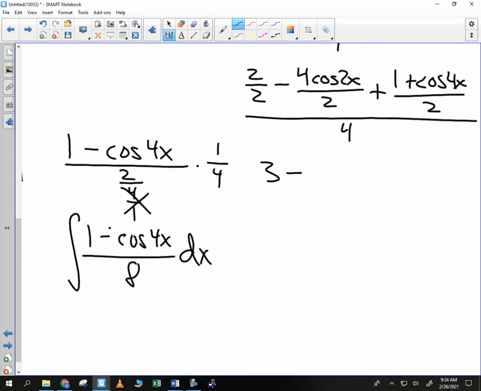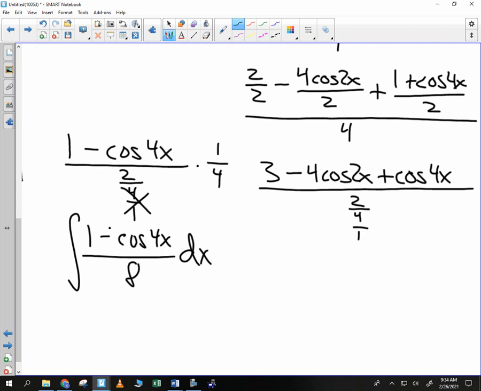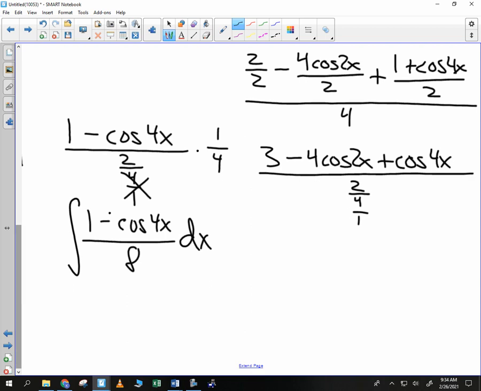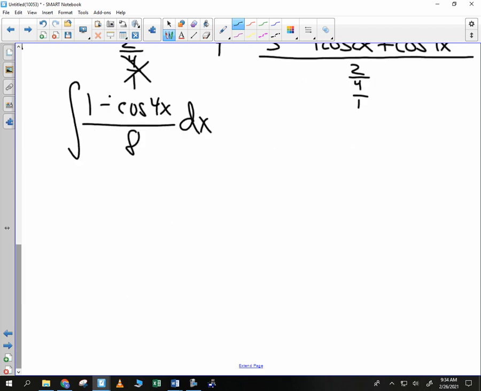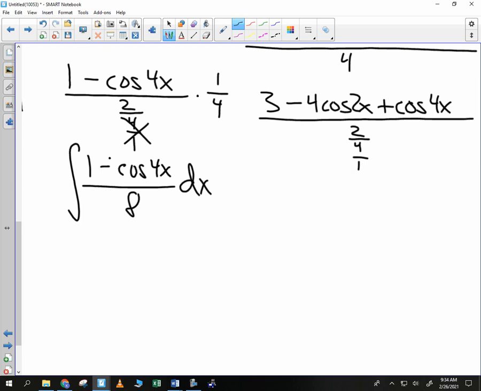So it's a minus 4 cosine of 2x and a plus cosine of 4x over 2 over 4 over 1. And so as I multiply by the reciprocal, I'll get 3 minus 4 cosine of 2x plus cosine of 4x, and it'll now all be over 8.